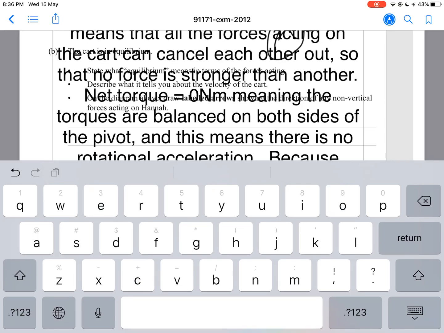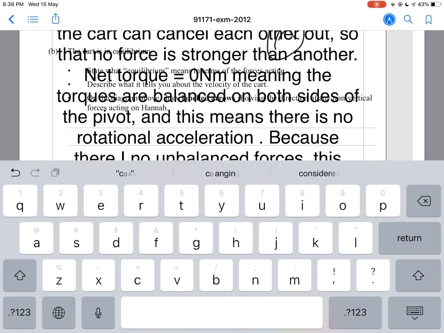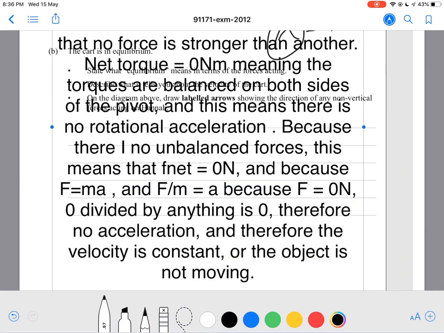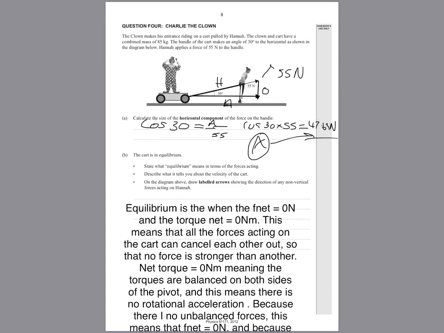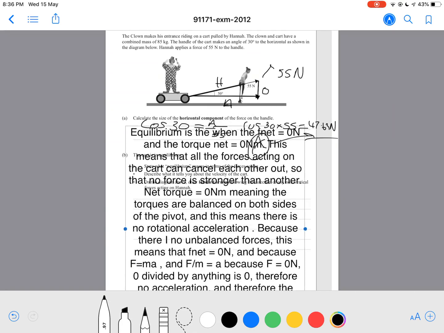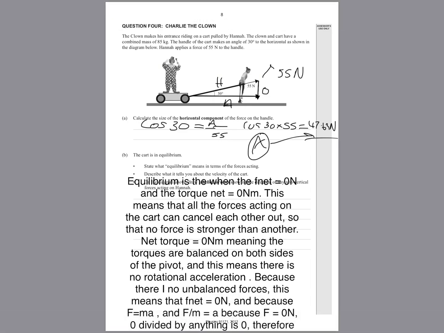Therefore, no acceleration, and therefore the velocity is constant, or the object is not moving. Okay, I think that should be it. That should be a good explanation on what equilibrium is and how it affects the velocity.